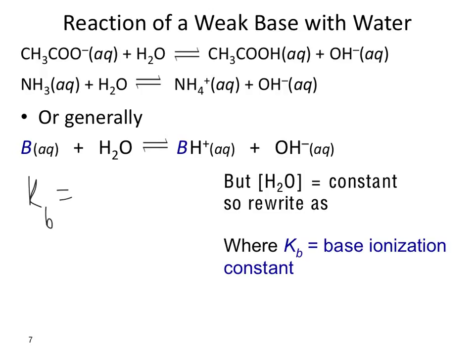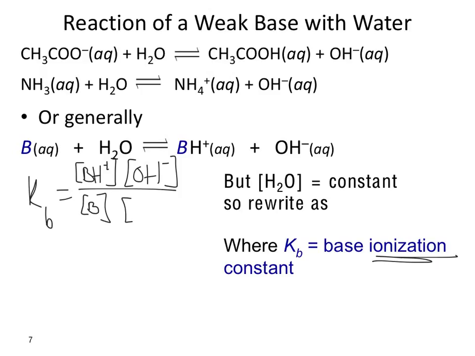They're kind of the same idea, because the ionization is talking about how much is it ionizing, which is really just where it is in equilibrium. All right, so Kb, and we're going to do the general one, is going to be the concentration of BH plus times the concentration of OH minus divided by the concentration of the base times the concentration of water. And then remember, water is a constant.